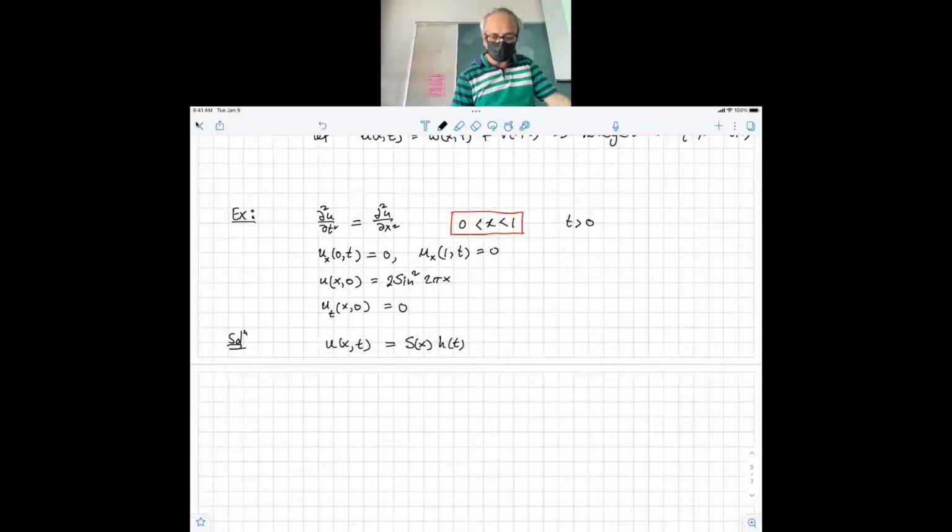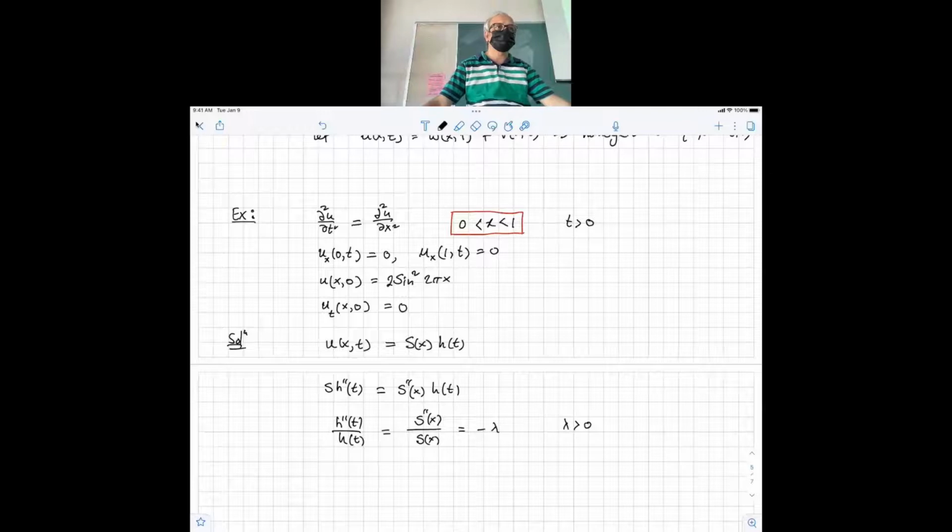So you get on the left hand side S h double prime of t, and on the right hand side S double prime of x h of t, and then we separate: h double prime t divided by h of t, and S double prime x divided by S of x, we set equal to lambda, and we'll take lambda positive.